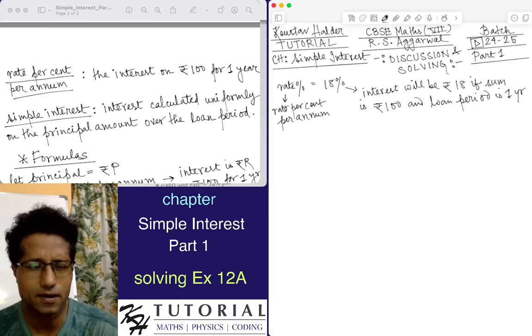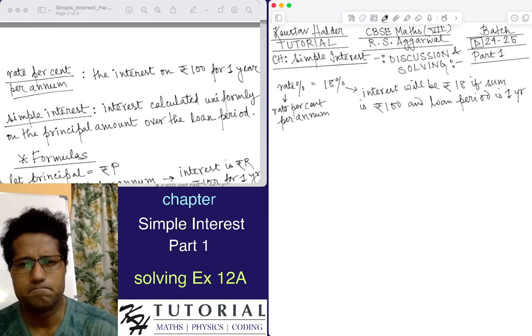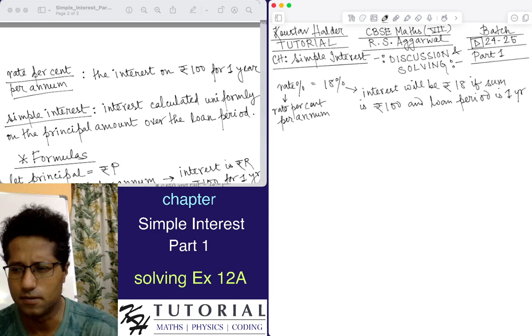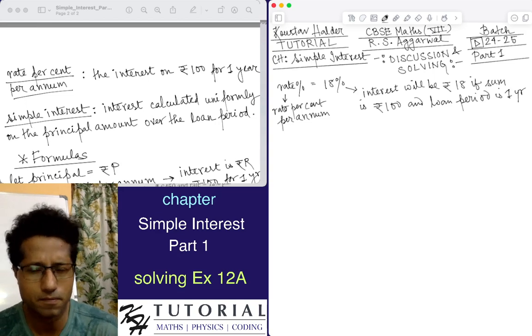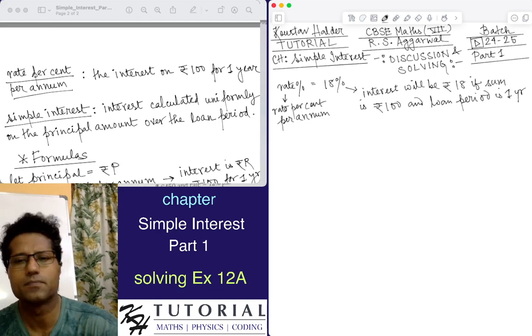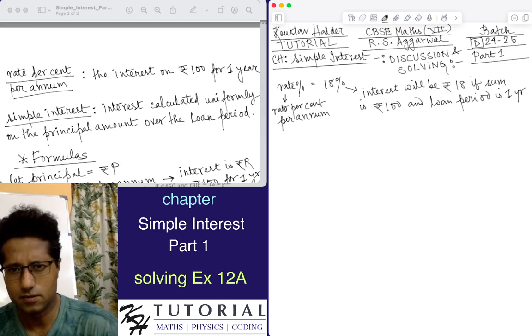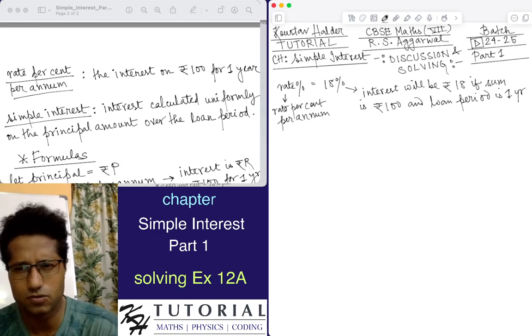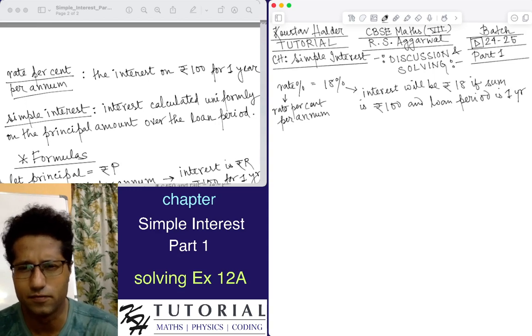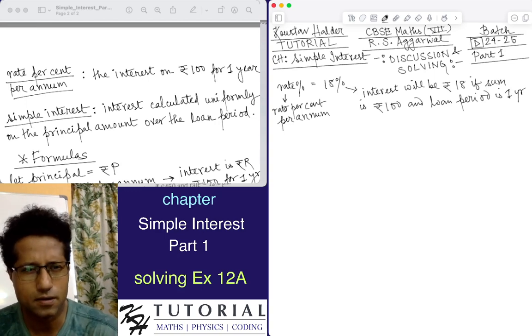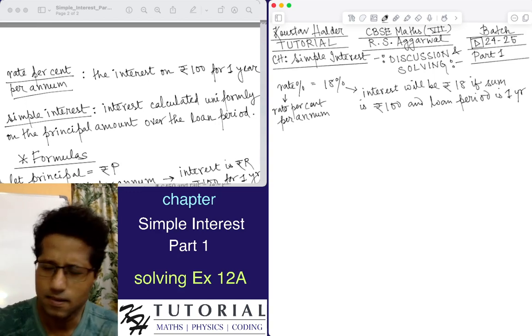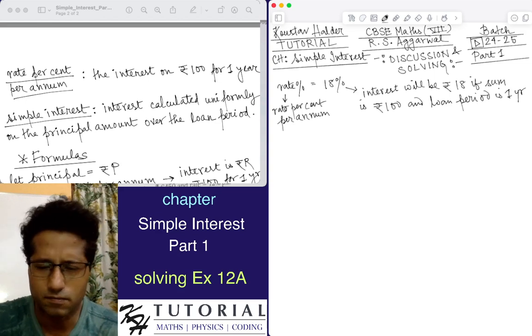Since it is uniformly calculated, it is purely based on the initial principal or sum, the rate percent and the total period of loan. This is simple interest. In this chapter, simple interest or interest will mean the same thing. Okay, so these are all the terms and definitions. Now let's see some formulas.